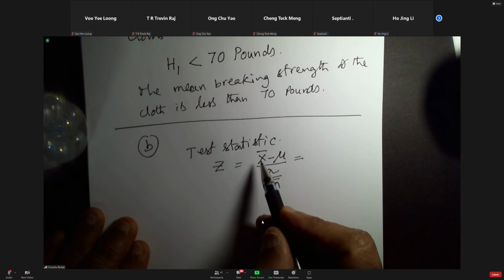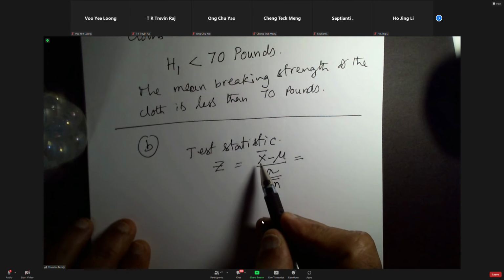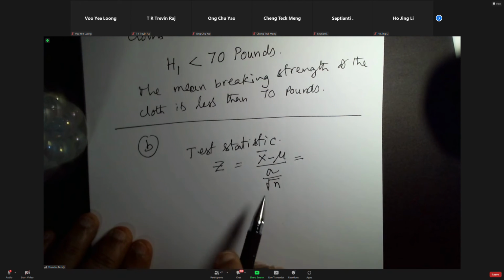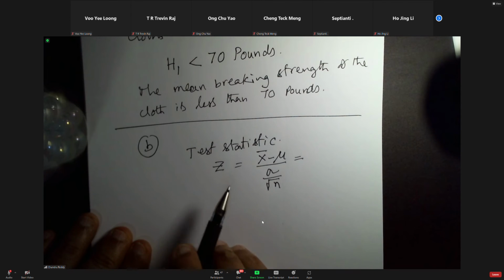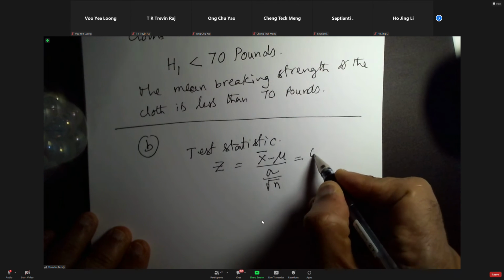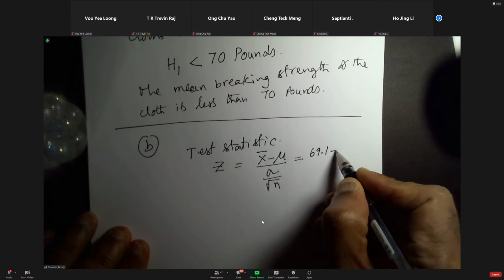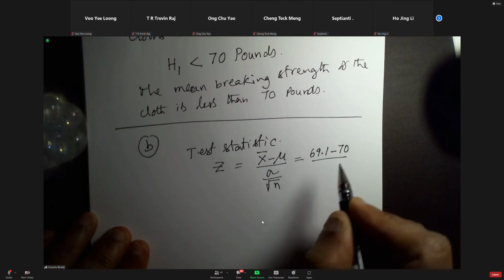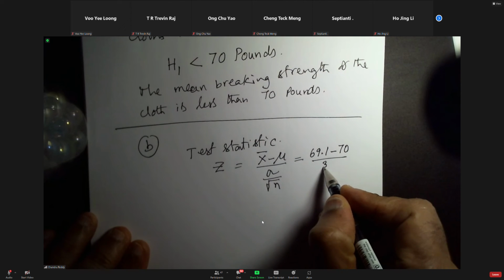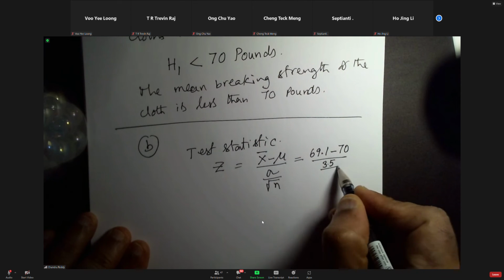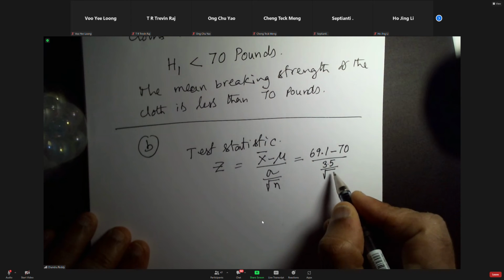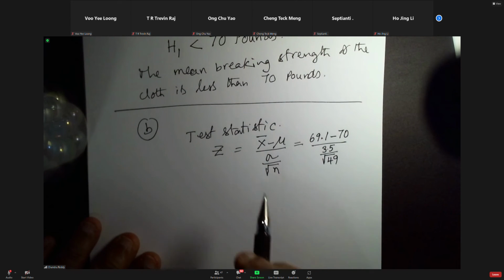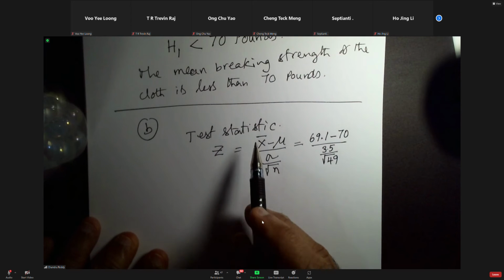Anyone, can you tell me what is the sample mean from the description of the problem? That's correct, Jenny. Thank you. 69.1. What is the population mean? 70, over the standard deviation given for the population is 3.5 and the sample size is 49. So if you do this calculation, you will get the test statistic value.